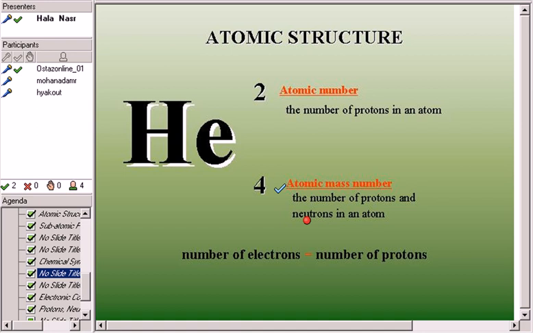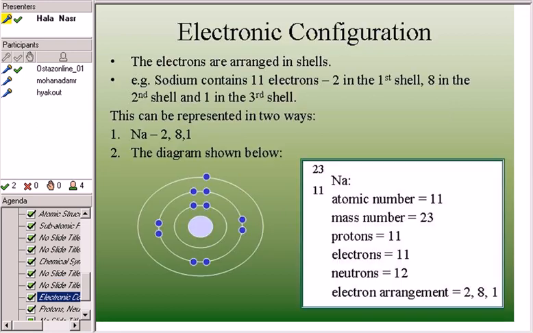How do you get the neutron numbers? Simple math. The neutrons equals the atomic mass number minus the proton number, which is equal to 2. Easy? Yes, it's easy. Very good. Shall we try another example?